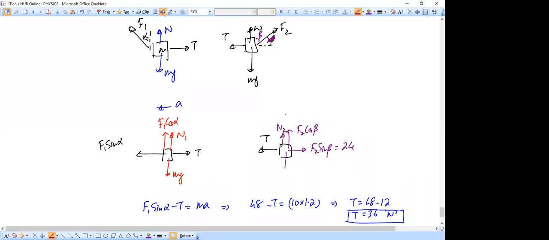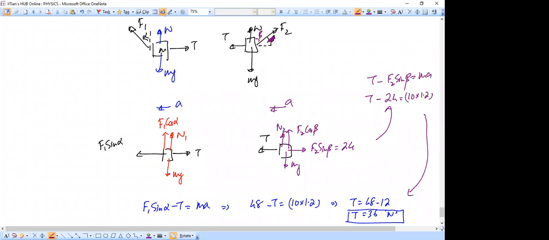So again, I'm not showing the vertical forces because they're not required. So for this, I'll get the equation T minus F2 sine beta is equal to ma. So just verify it. So T minus 24 should be equal to 10 into 1.2. That's giving you the same tension. So your equations are consistent.